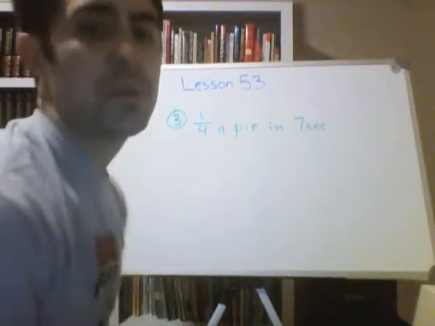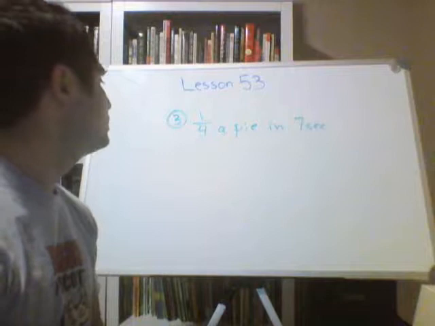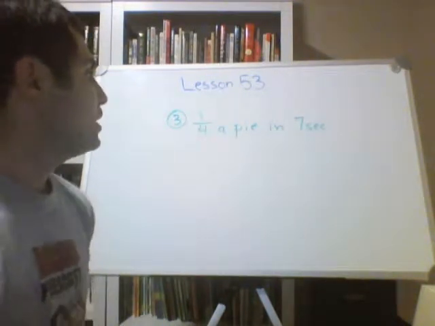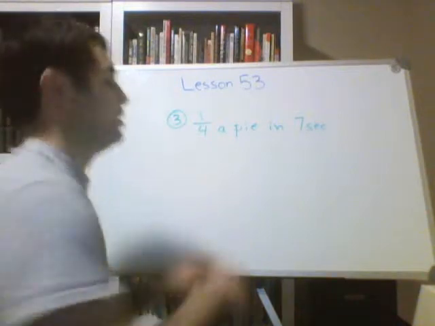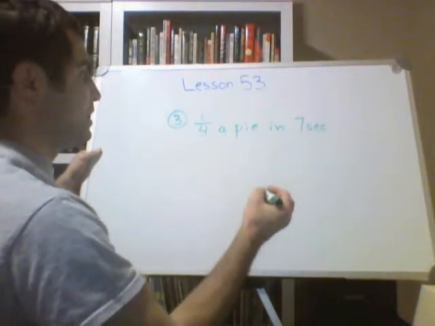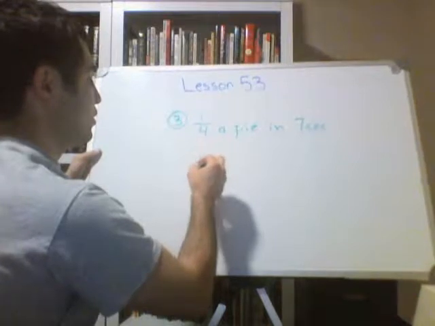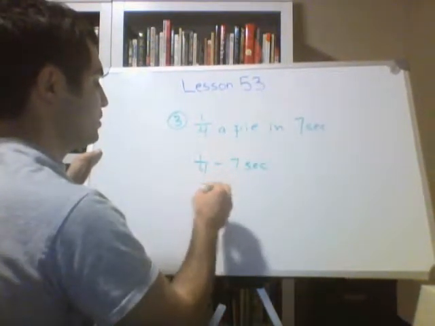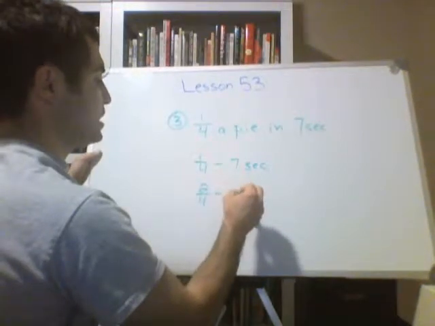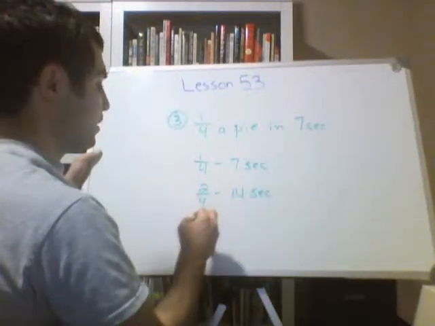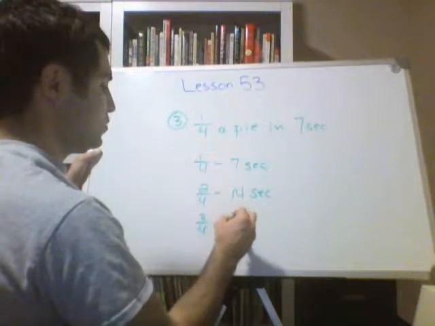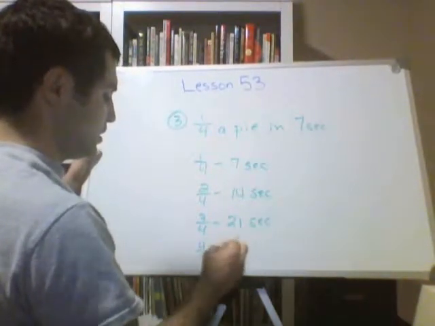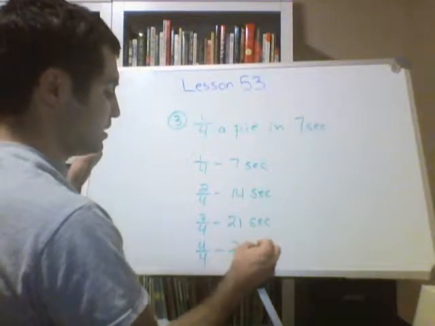Alright, this next problem, number 3 on your homework, says this guy, Barry or somebody, ate 1/4 of a pie in 7 seconds. So this works out to be kind of like a multiplication problem. So if you have 1/4 in 7 seconds, 2/4 would be in 14 seconds, 3/4 is going to be in 21 seconds, and 4/4 is going to be in 28 seconds.